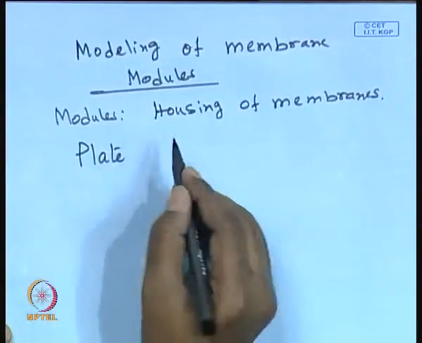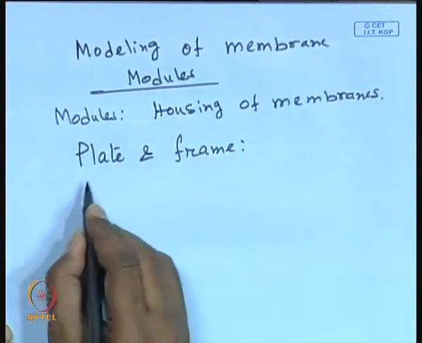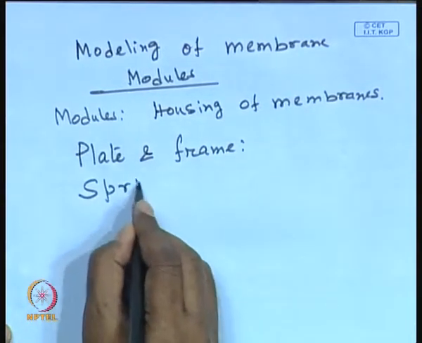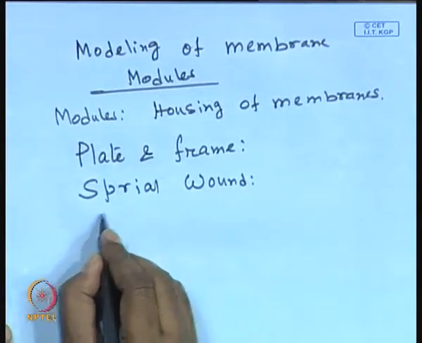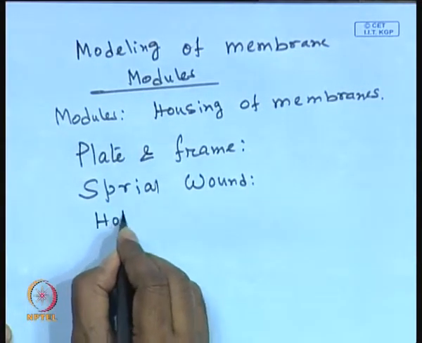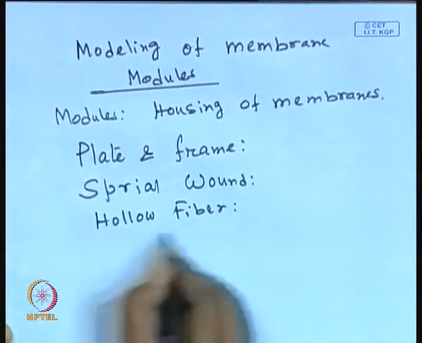So you can have different types of modules: plate and frame, spiral wound, hollow fiber, tubular.